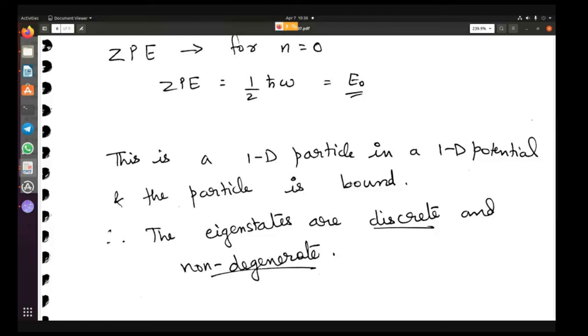So the eigenstates are discrete and non-degenerate, right? This is one of the theorems that we learned about in the very beginning of this chapter. And this theorem turns out to be true for all the cases, right? We have seen it for the particle in a box, and this particle in a harmonic potential. For both of these cases, the theorem turns out to be true.